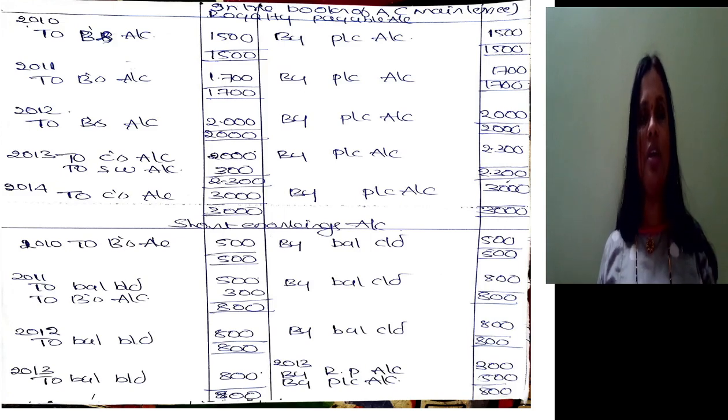And in the short working account no entry will come, but as this is the third year the balance should be carried forward. So by balance carried down 800. As there is no short working and no recoupment, because minimum rent is equal to royalty, the balance should be carried forward. Next year, to balance brought down 800.